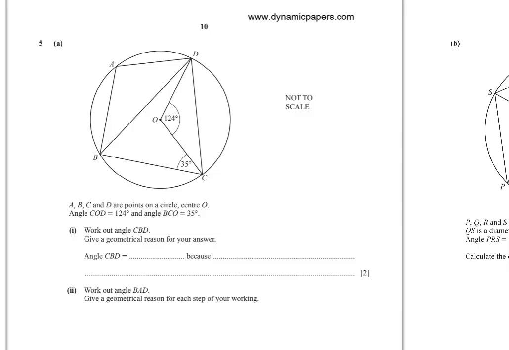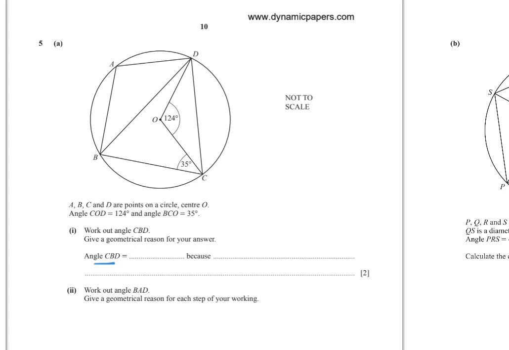5a, A, B, C, and D are points on a circle, center O. Angle COD, 124. Angle BCO, 35. Work out angle CBD. Give a geometric reason for your answer.